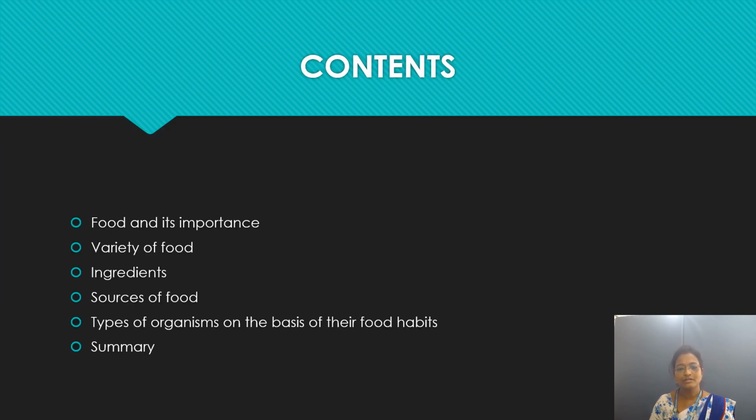So here, the contents which we are going to learn in this chapter are food and its importance. First we are going to learn about food and its importance, and next about variety of food, isn't it? Then ingredients, after that sources of food, and next types of organisms on the basis of their food habits.